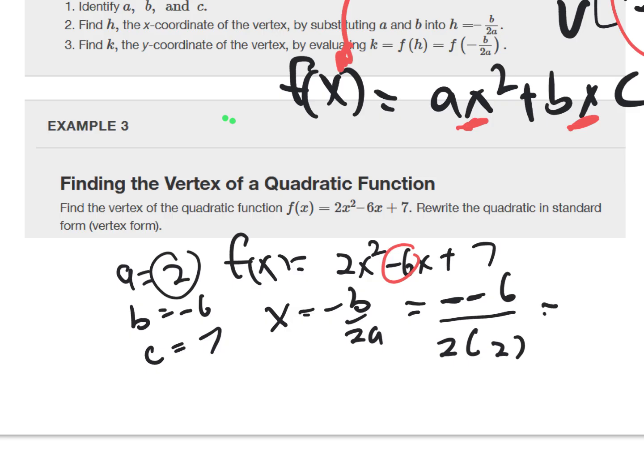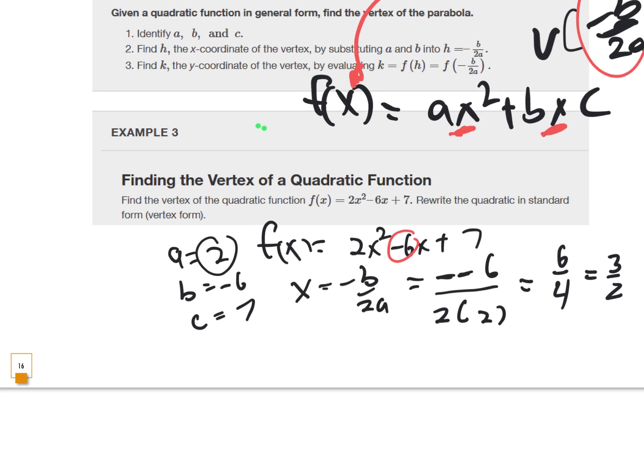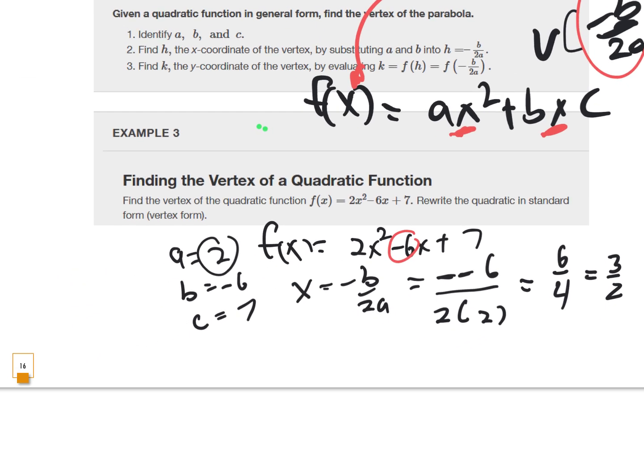That turns into opposite of negative 6 is a positive 6. 2 times 2 is 4. 6/4 reduces to 3/2. So now I take my 3/2 and I calculate f of 3/2.